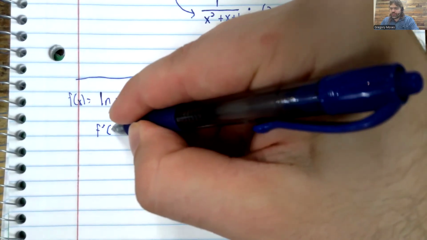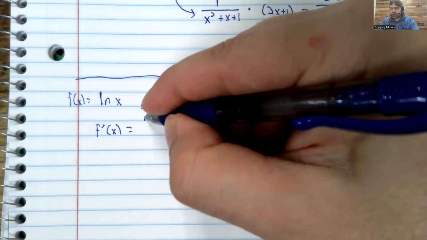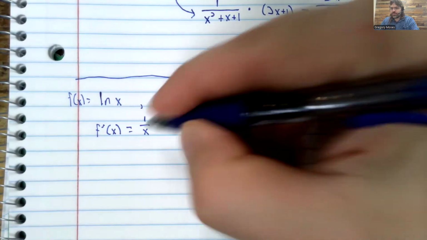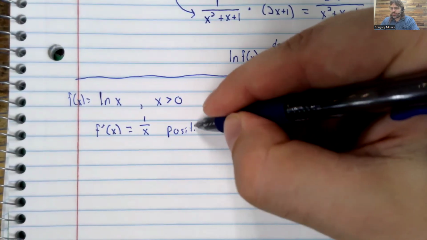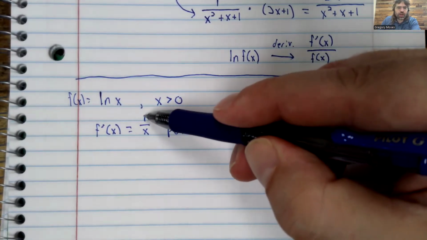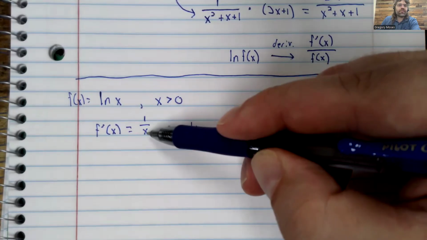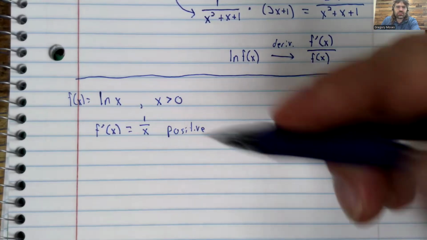So the derivative of the natural log of x, 1 over x, is also always positive because we have a positive number, 1, divided by a positive number, x.